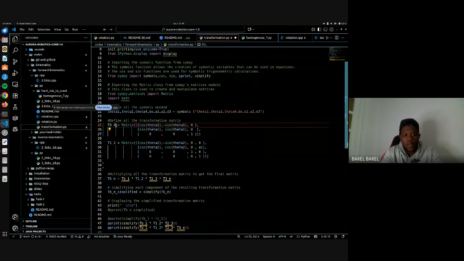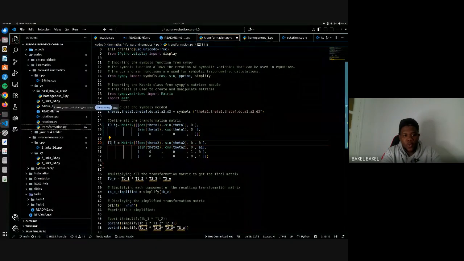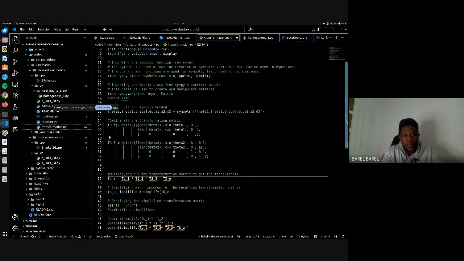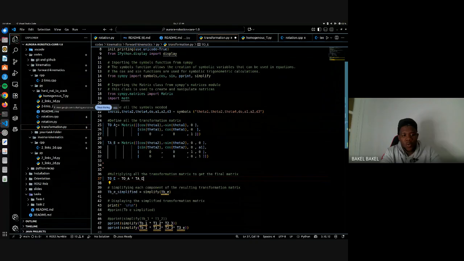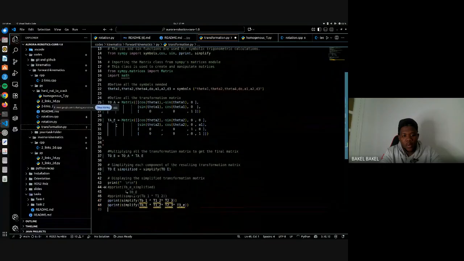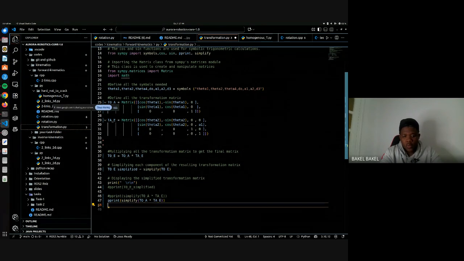I only need A to O, and then I only need E to A. And then what I need at the end is O to E to be equal to this multiplication. And then I print it out simplified. Good, great. This is what I want to do.